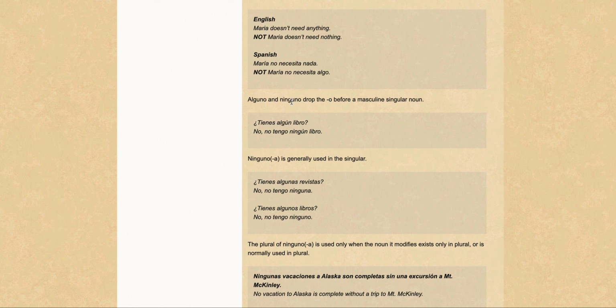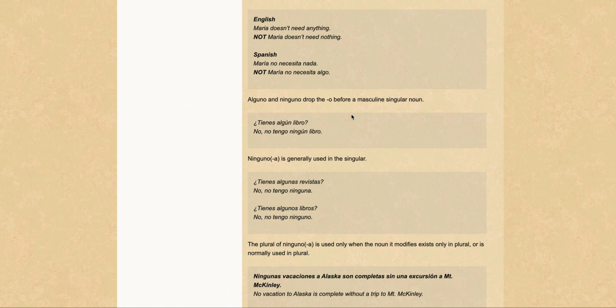If you're thinking of using alguno or ninguno before a masculine singular noun, it could be libro or any masculine singular noun, we drop the O. Libro is masculine and singular, and we're using alguno before that, that's why we're dropping the O.